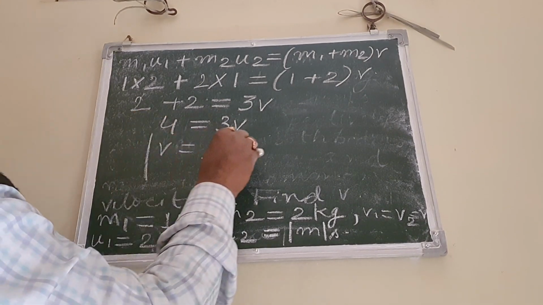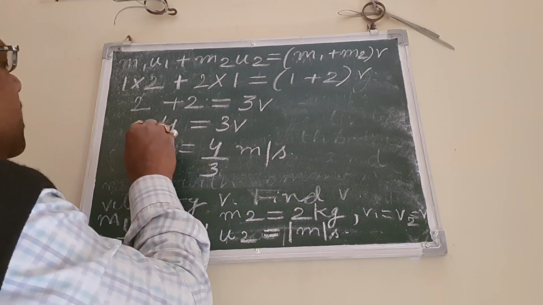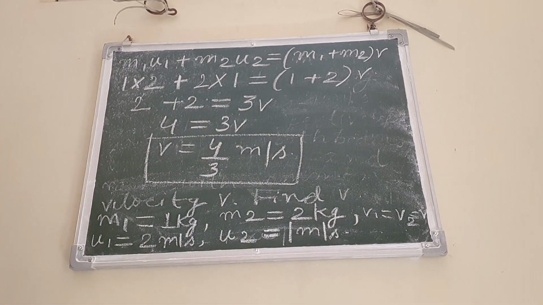So this is our answer, 4 by 3 meter per second. Both bodies stick together and move with the common velocity of 4 by 3 meter per second.